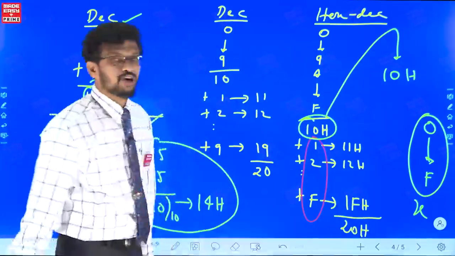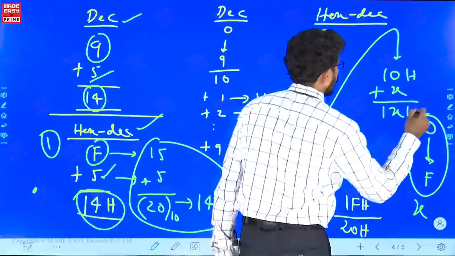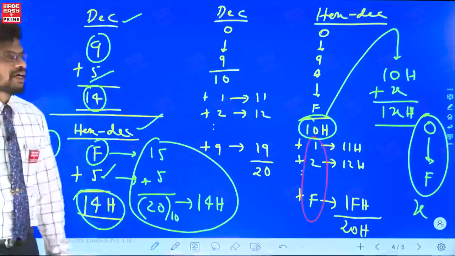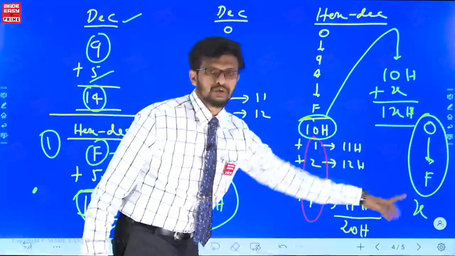Now obviously, what would be the answer? 10H plus x, what's the answer? 1x. Are you able to follow? 10H plus x is 1x, where x is equal to 0 to F.